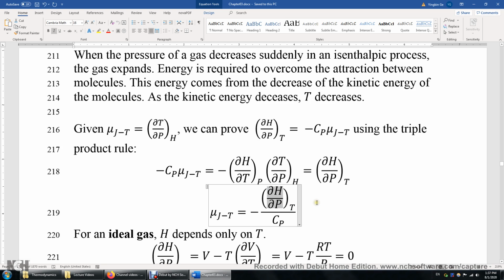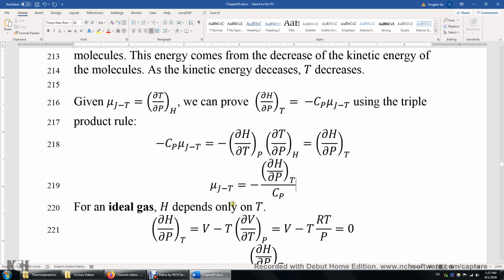However small it is, it's non-zero, so it's possible to liquefy a real gas as long as this one is non-zero. For an ideal gas, H depends only on T. This part is 0. Mu JT is 0.